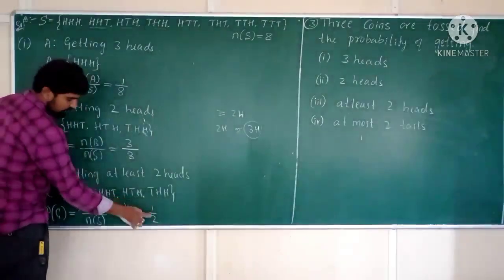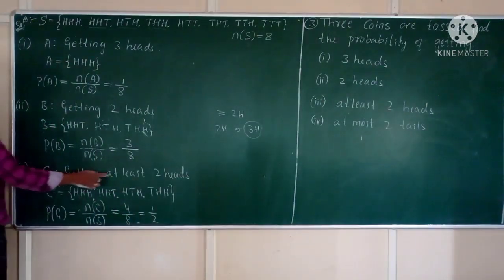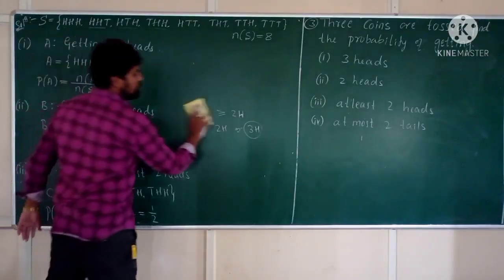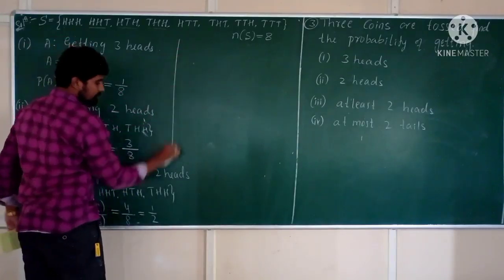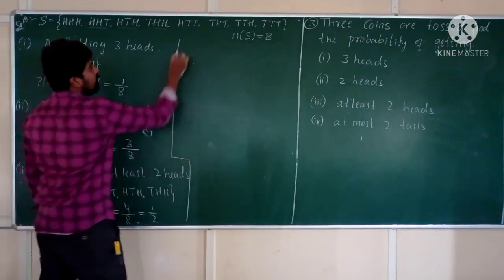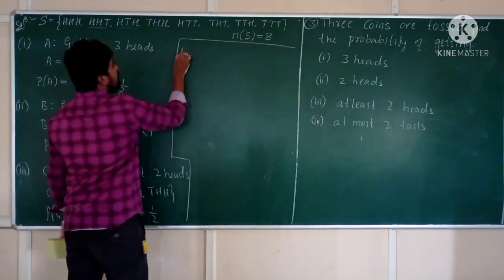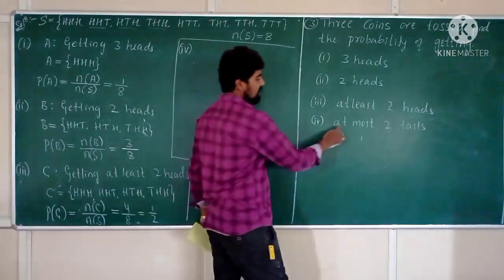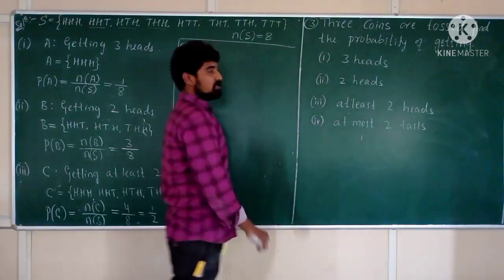Therefore, 1 by 2 is the probability of getting at least 2 heads. Now the fourth question. In the fourth question, we need to find the probability of getting at most 2 tails.